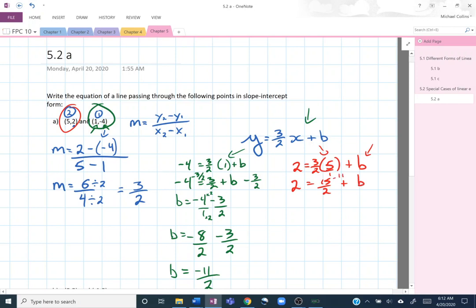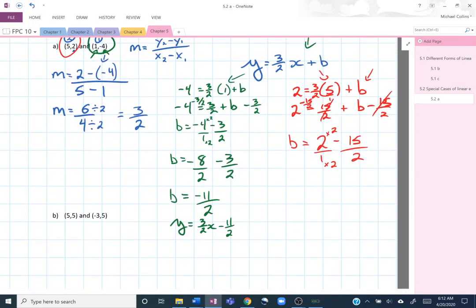I'm going to subtract 15 over 2 from both sides. Minus 15 over 2 cancels on my right-hand side. I am left with b is equal to 2 minus 15 over 2. I'm going to turn this into a fraction. We have to make it a like denominator, so I'll multiply top and bottom by 2.